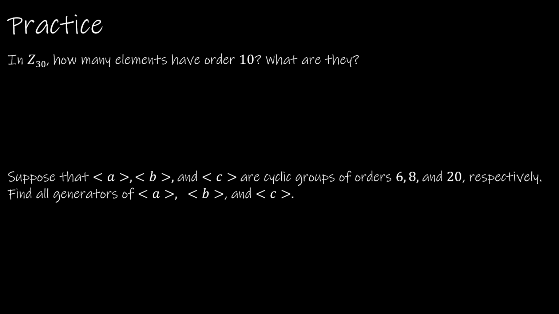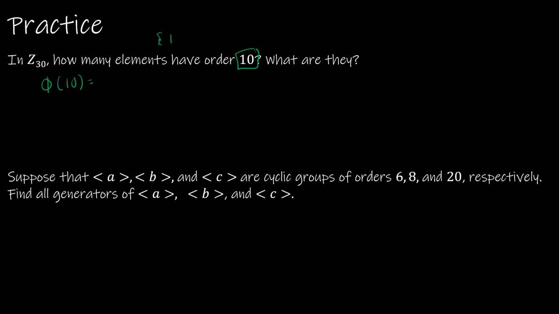First practice, in Z30, how many elements have order 10? What are they? So remember, 10 is what we're looking at. 10 is a divisor of 30, so I'm looking for phi of 10, which is the same as U of 10. So what elements are less than 10 and relatively prime to 10?